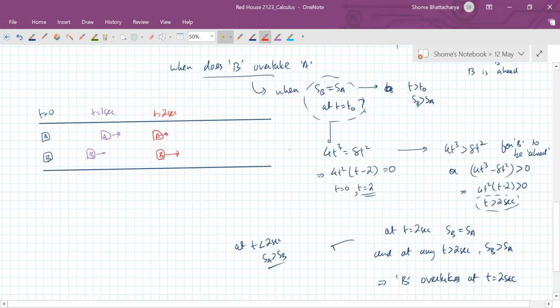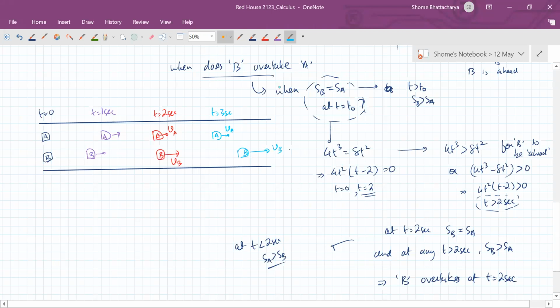You will also realize that at 2 seconds, B's velocity is greater than A's velocity. That's why the overtake is happening. At any time greater than this, for example at t equal to 3 seconds, B has moved ahead and will continue to move ahead.